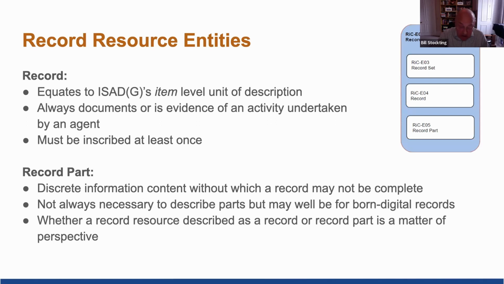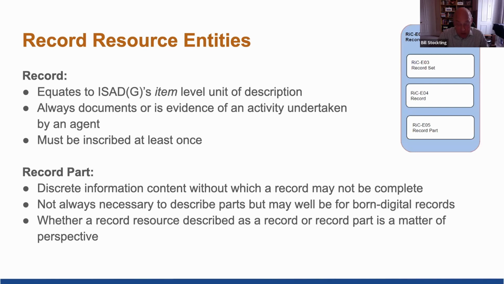Records, particularly those created and managed electronically perhaps, may themselves be made up of parts with discrete information content, without which the record may not be physically or intellectually complete. In many cases, it may be difficult or indeed unnecessary to describe the constituent parts of a record.